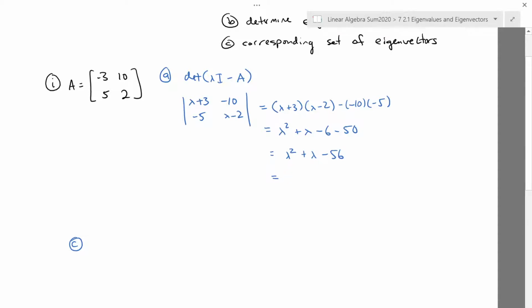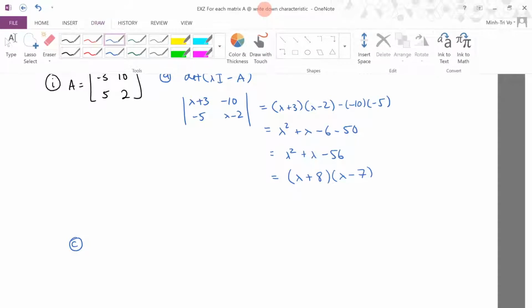So what does this factor as? 8 times 7 gives us 56, and so we want plus 8 minus 7. So lambda plus 8, lambda minus 7. Okay, so this is the characteristic polynomial, and to get the characteristic equation, we set it equal to 0.